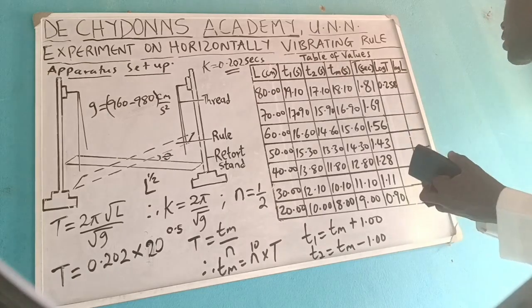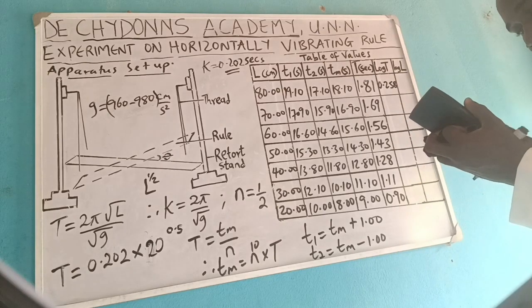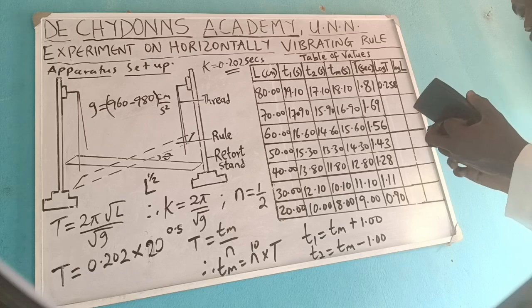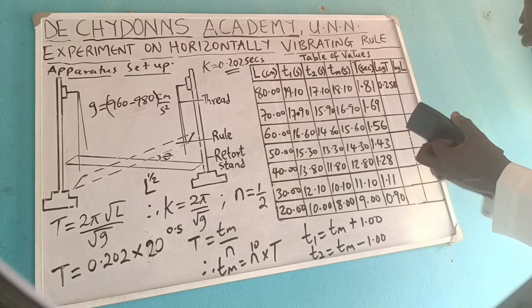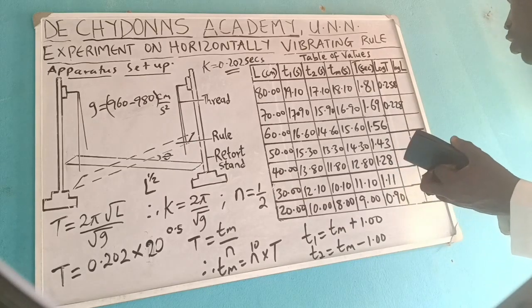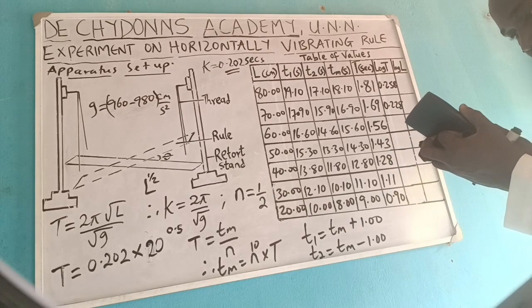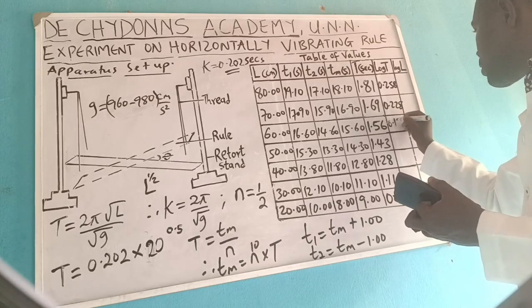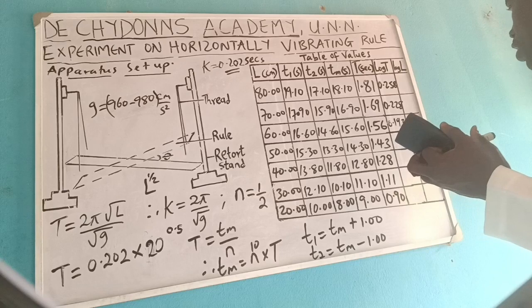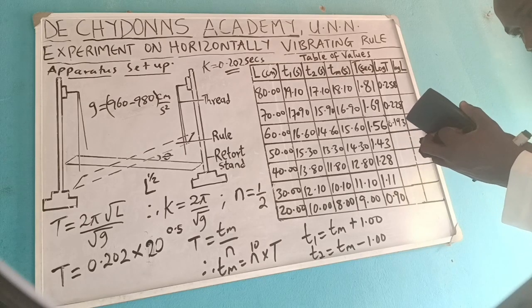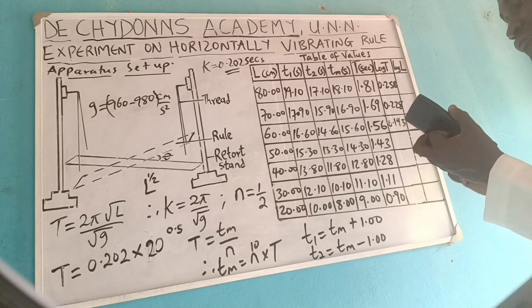Log 1.69, 0.228. Log 1.56, 0.193. Log 1.43, 0.155.